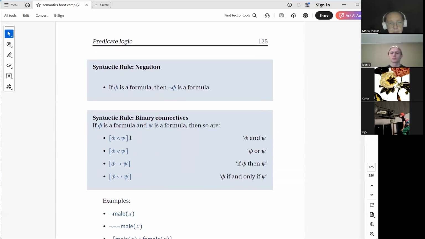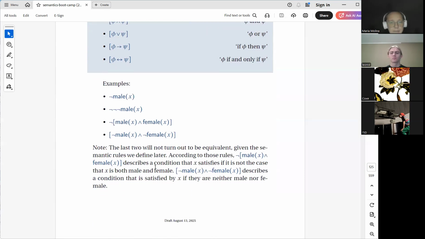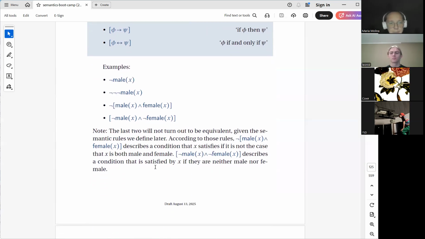And we have other ways to connect formulas with binary connectors. Phi and psi, phi or psi. If phi, then psi. If phi, if and only if psi. We've already worked with that. Nothing new here, right?